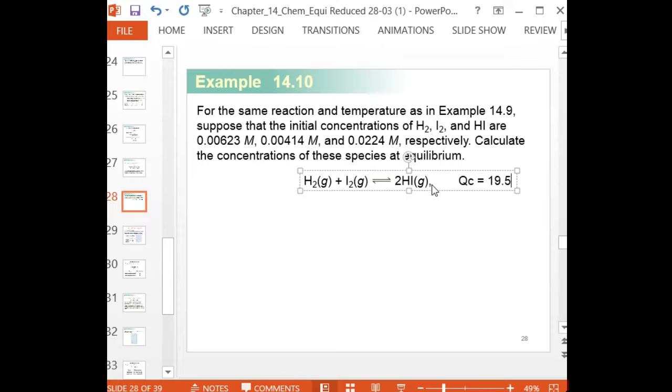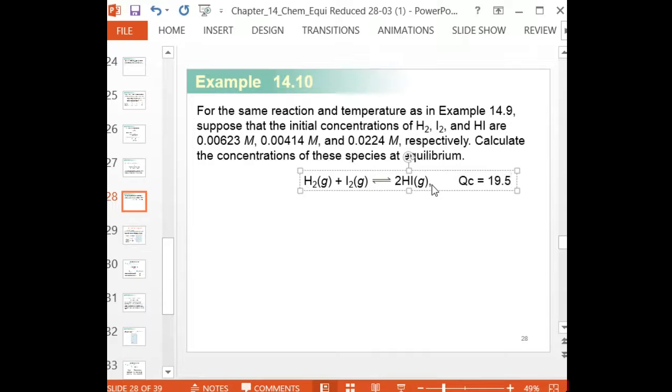Why do we calculate Qc here? By the concentration, teacher? Yeah, because all the concentrations are given here.